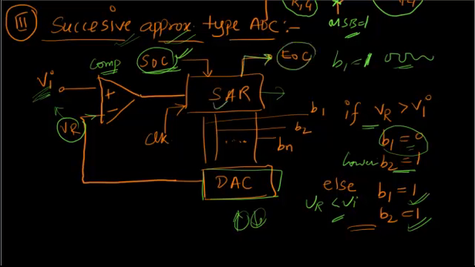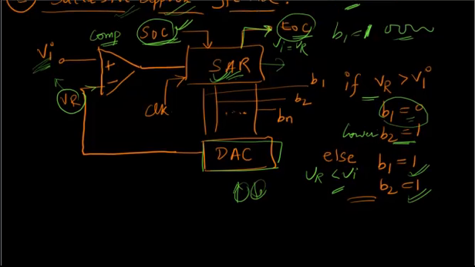This is nothing but the successive approximation register. And when these two voltages are equal, Vi equal to VR, it gives an end of conversion pulse. So this is a very simple operation, no integrators and no need of complex analysis, very simple concept.